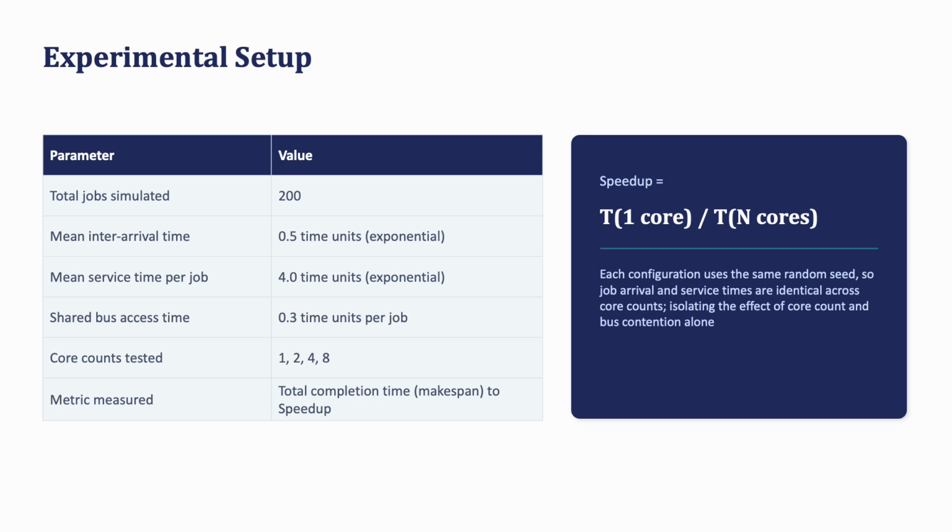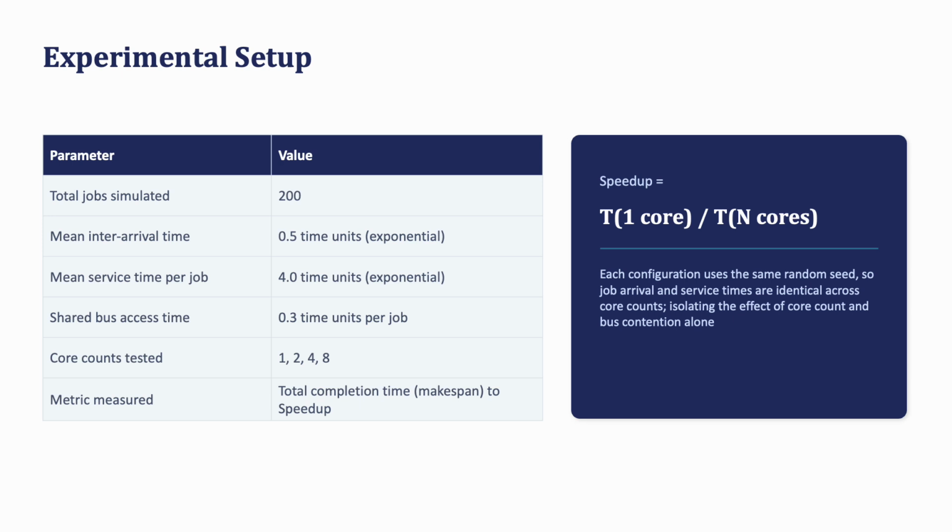They all had the same random seed for every run. This would allow for identical configurations across all the runs, and this would ensure that any difference within the completion time was purely due to core count and the bus contention, and wasn't due to random variation.